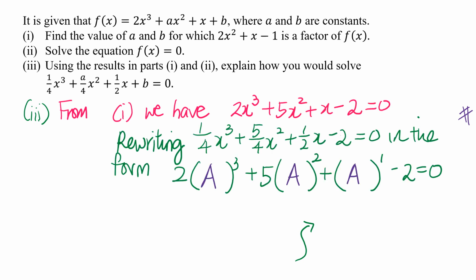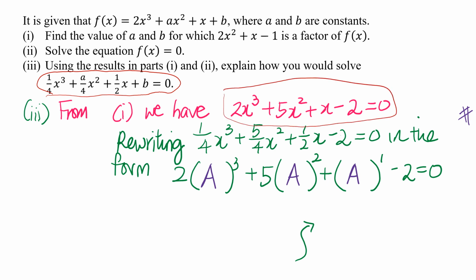Right, so the next thing we need to do is rewrite what we're supposed to solve. We're going to write it in the form 2x cubed plus 5x squared plus x minus 2 equals 0. What I'm going to do is replace x here with the letter a.